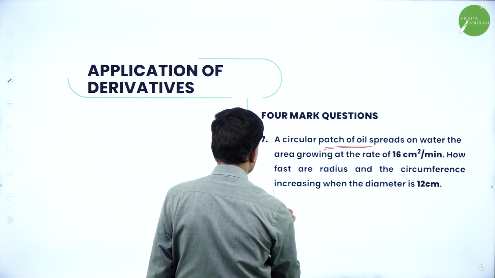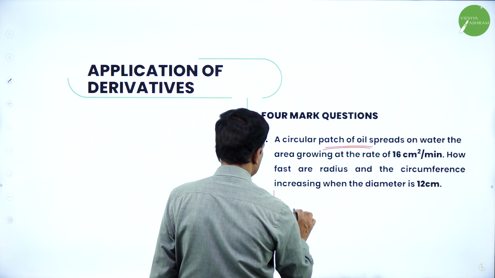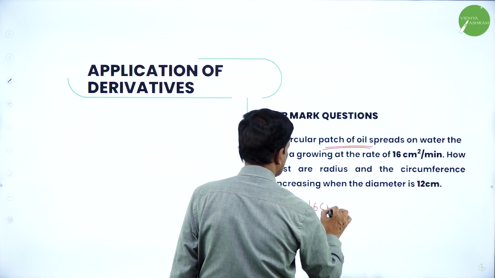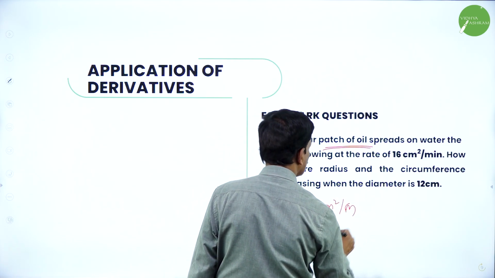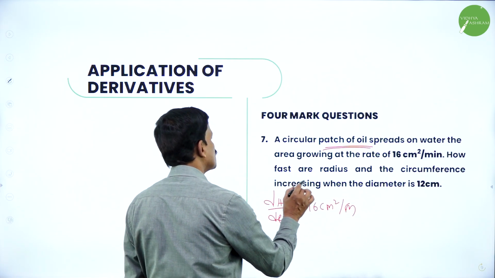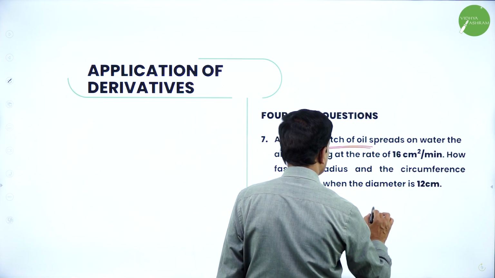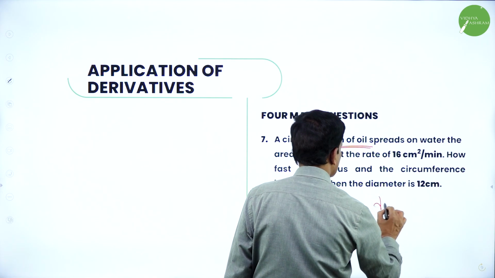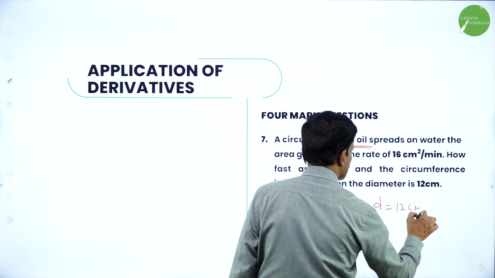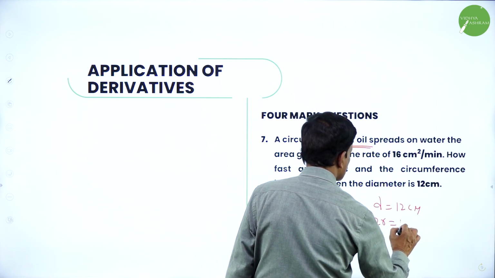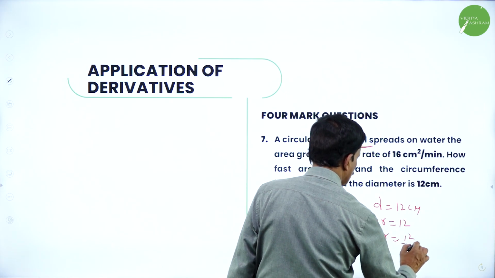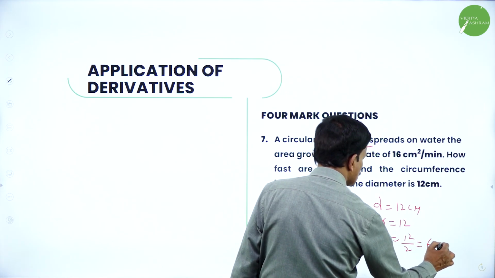So what is given? dA by dt is given. Area is 16 centimeters square per minute. And how fast the radius and the circumference increase when the diameter is 12 centimeters. Diameter is 12 means r is equal to 12 by 2, that's equal to 6 centimeters.